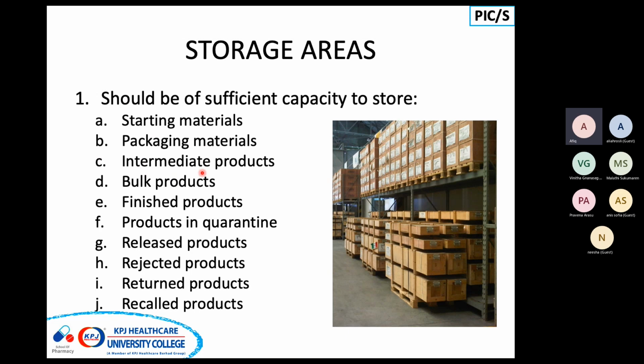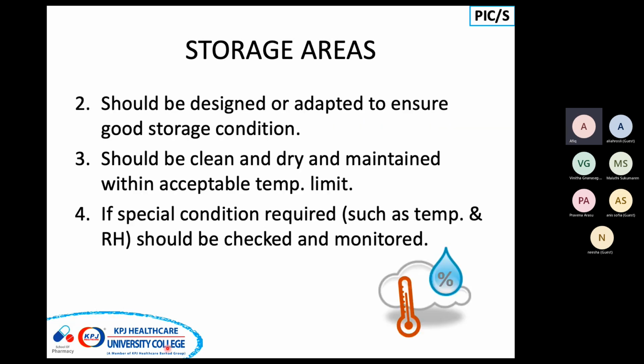and then intermediate products, bulk product, the finished products, and then products in quarantine, release products, even rejected product also, you must have a specific area to put. And then return products, and the last one would be recall products. So the recall product is the last thing that you want if you are a manufacturing company. But then again, just in case, there must be a specific area where you can place any recall product if the situation occurs.